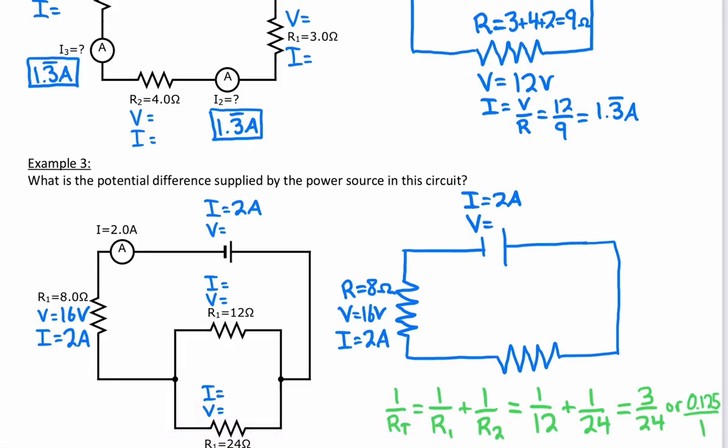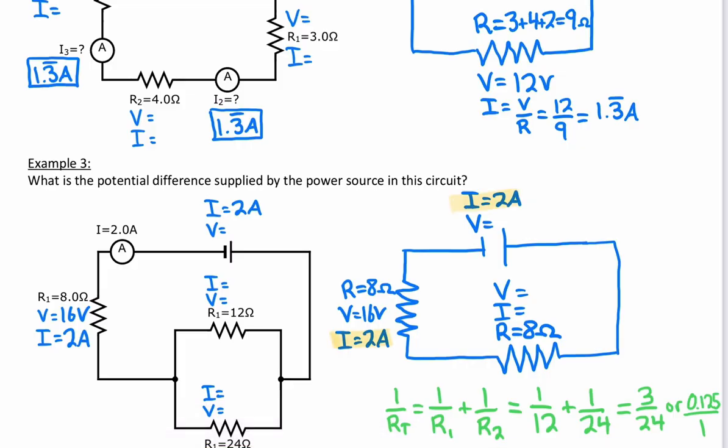So my equivalent resistor over here should have a resistance of 8 ohms. So what else might I know about that resistor? Well, it's also going to have a current and a voltage. And since everything in my new equivalent circuit is in series, that means the currents should all be the same.